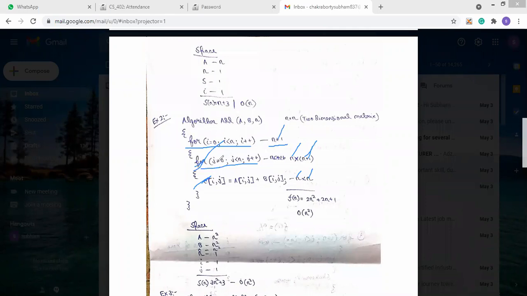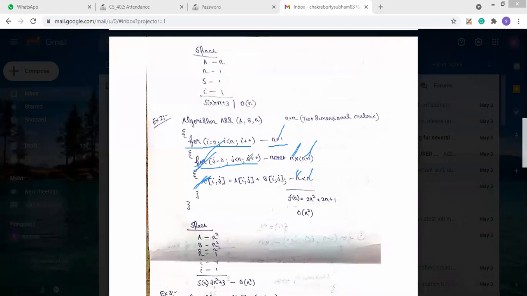So in this case, this is the outside loop, and inside this loop there are two statements. We consider each as a statement. At first it will be executed n times, but this is again an inner loop.